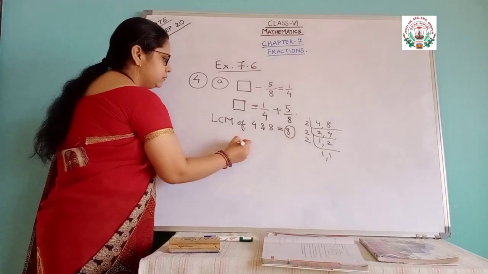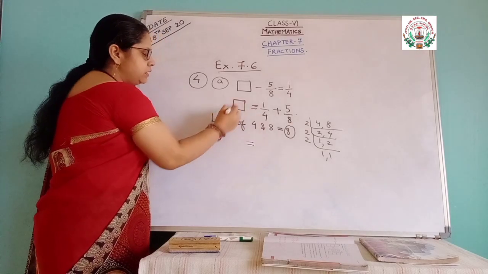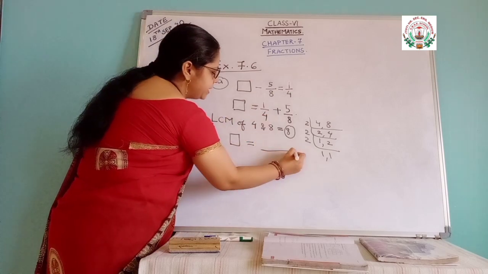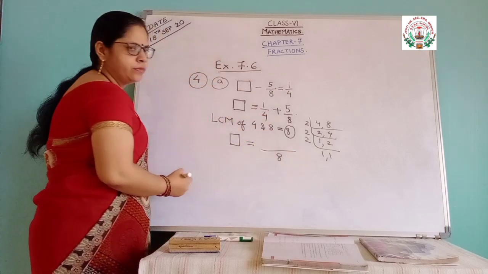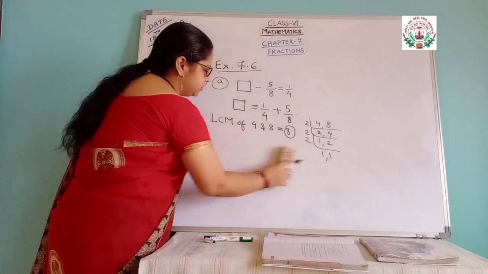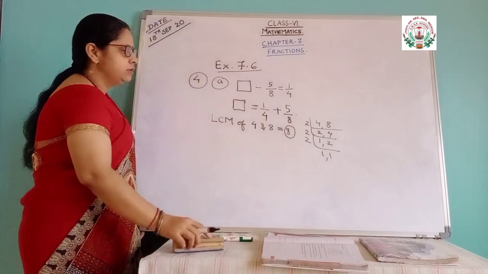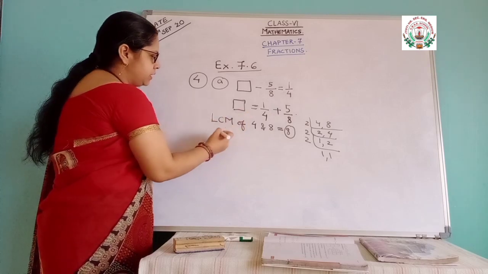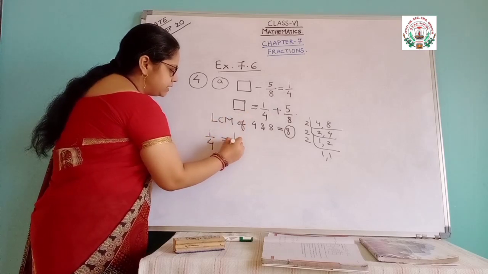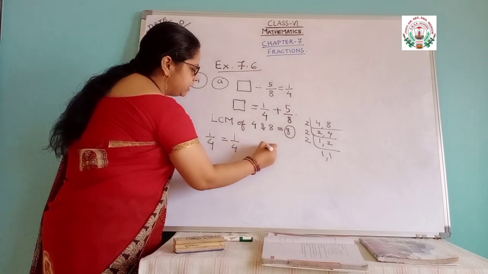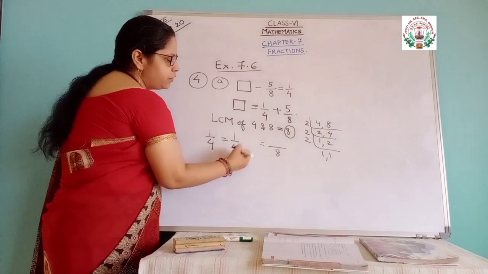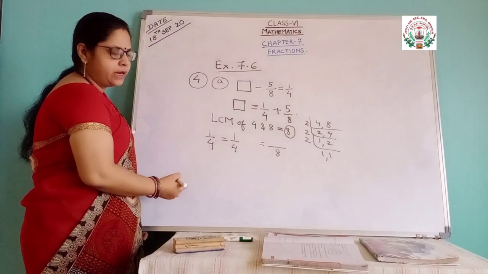Now starting with equal to, of course this box will be here. Now the denominator will be the LCM. You have a different method, which I have told you; this is also one method, what I was doing here. Now 1 by 4 you are changing to denominator as the LCM. How will this 4 change to the denominator 8?